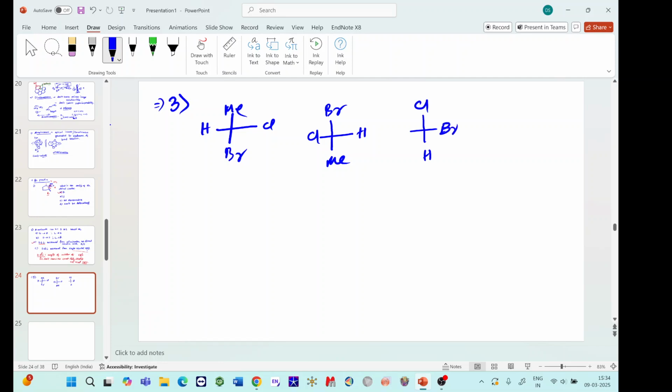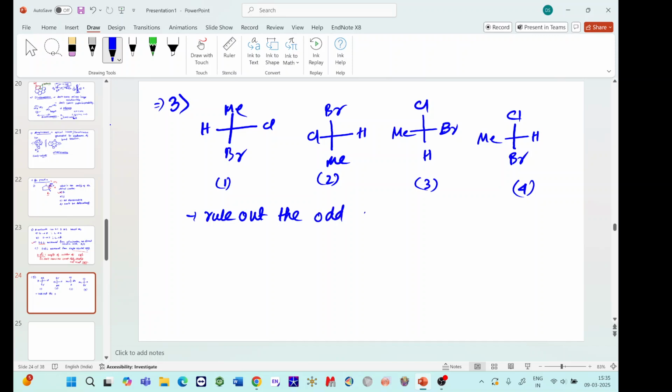So which one is the odd one? One, two, three, four. Rule out the odd one. So this is basically the same molecule with different configurations. So you have to rule out the other one. Three configurations will be the same, one will be different. Can you tell me?